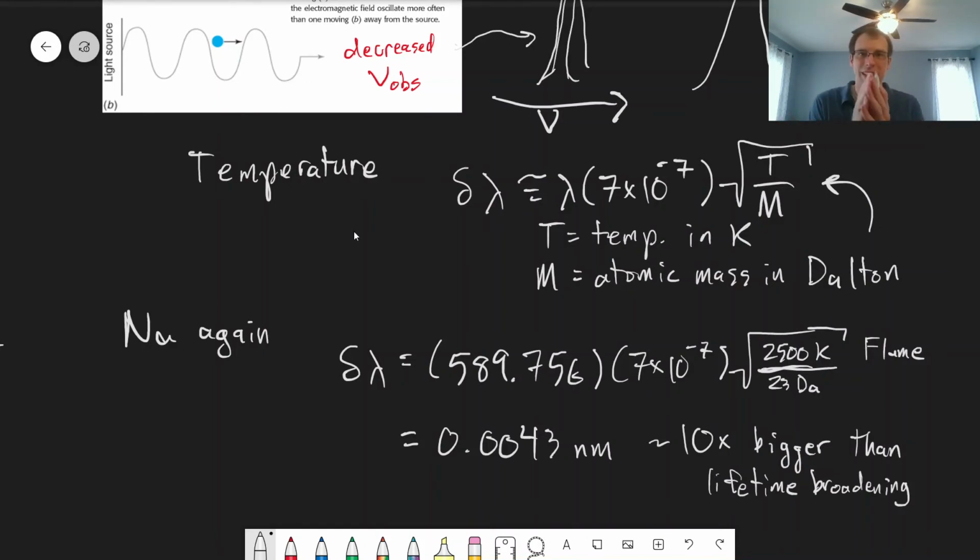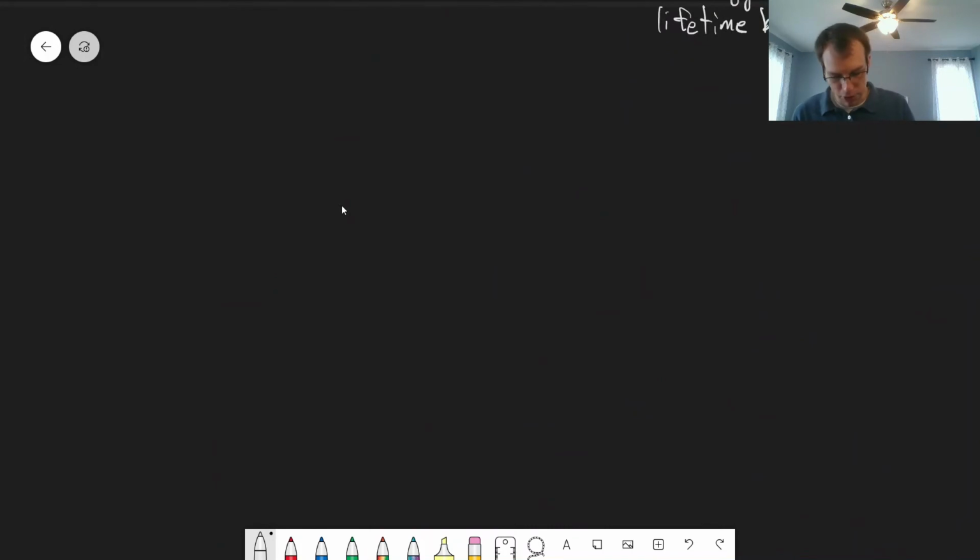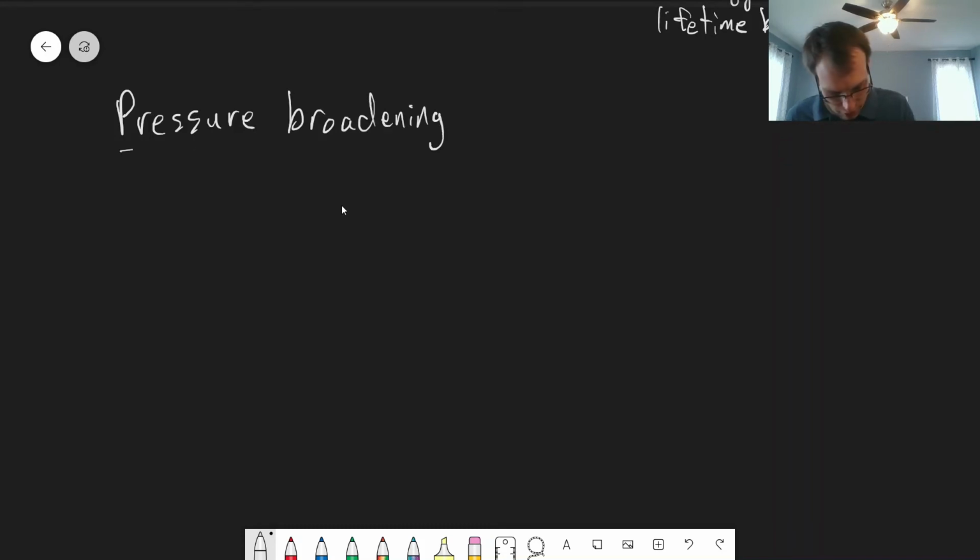So again, this is going to lead to a bigger line width than we get if the atom was at low temperature. We have one other source of broadening that's called pressure broadening. And as you might expect, this depends on the pressure of our sample. So Doppler broadening is essentially, for a given atom, a temperature effect, though it's also a mass effect, because that affects the speed of how fast things are moving.